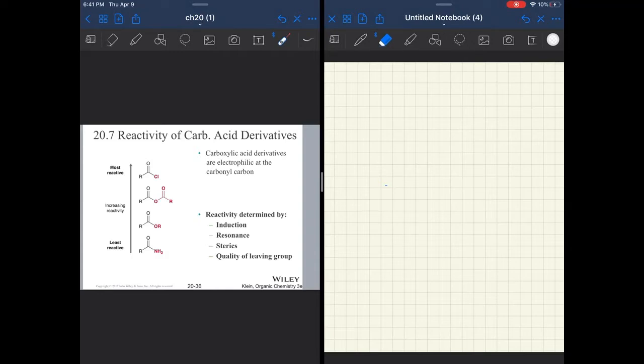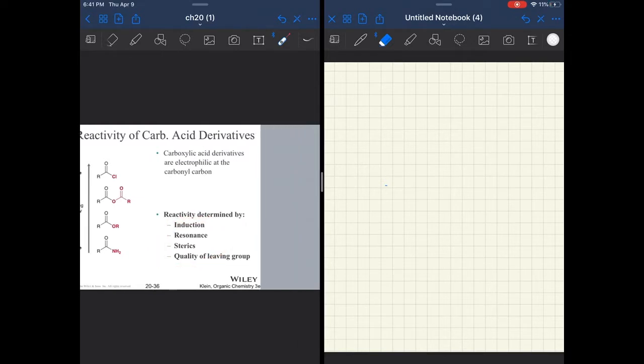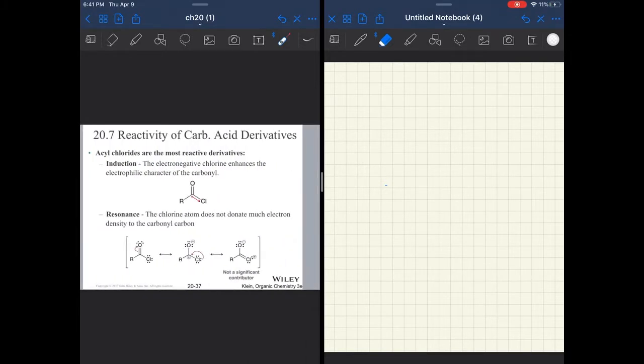We're going to look at some of the reasons for this reactivity. So looking at induction and resonance, it's easy to see why our reagents are reactive for a nucleophilic substitution. So the carbonyl, we already know this carbon is electrophilic.